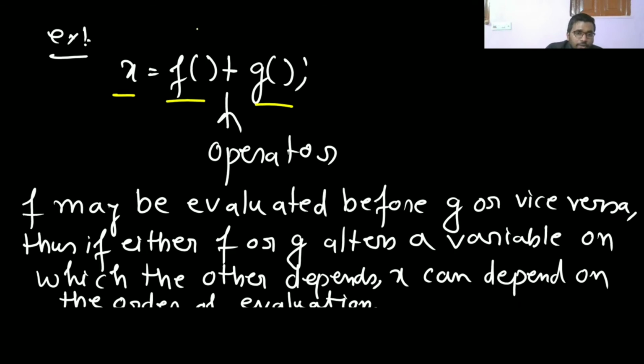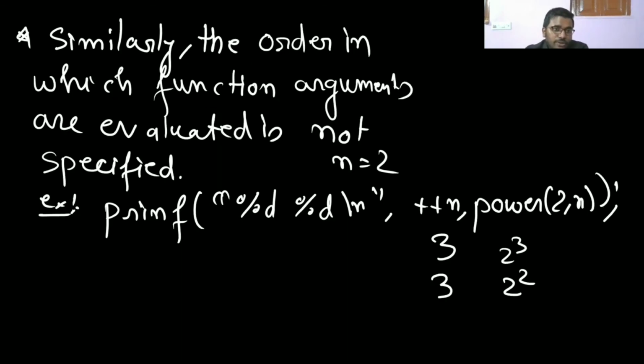If this is called first, then the x value will be different. So f may be evaluated before g or vice versa. If f or g alters a variable on which the other depends, then the result depends upon the order of execution. Understood?